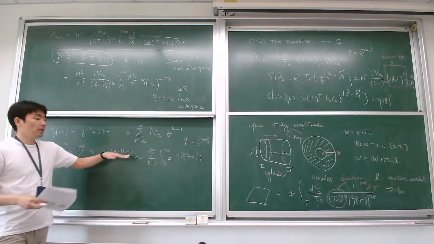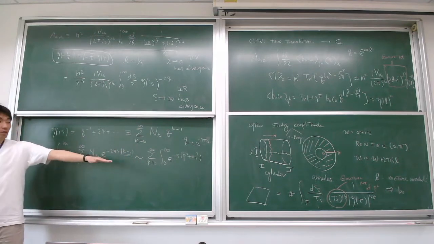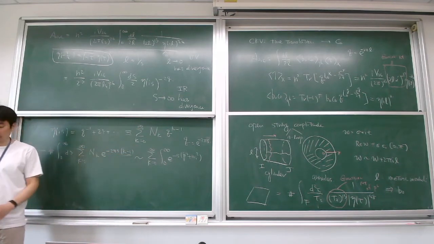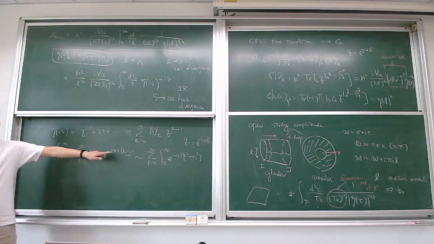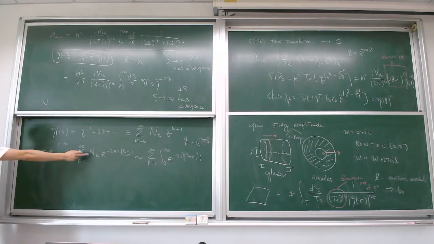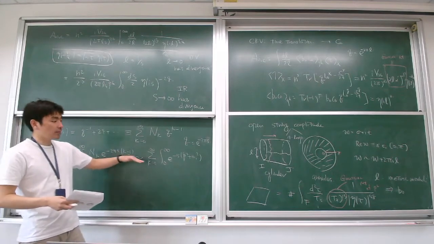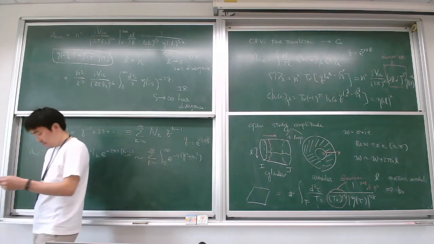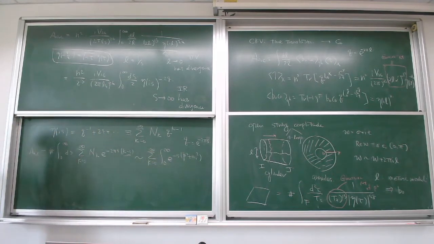So this can be understood as energy. k is a level. It used to be that I wrote n for level, but now I use n for the number of states, so I just replace it by k now. It is a level, so that essentially it counts energy.